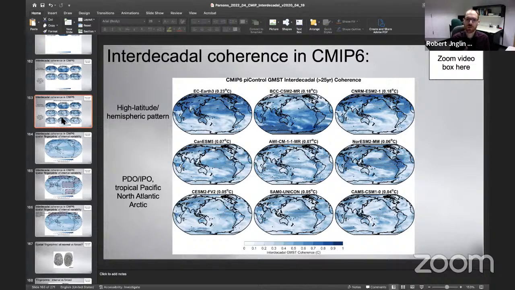And all of the models do have PDO. They do have this AMV-like Northern Hemisphere variability. And to some extent, they all have this Southern Ocean variability as well. It's more a matter of differences in amplitudes. So models like EC-Earth still do have a PDO. It's just that the coherence of the global temperature is dominated by this very large amplitude AMV-like variability.